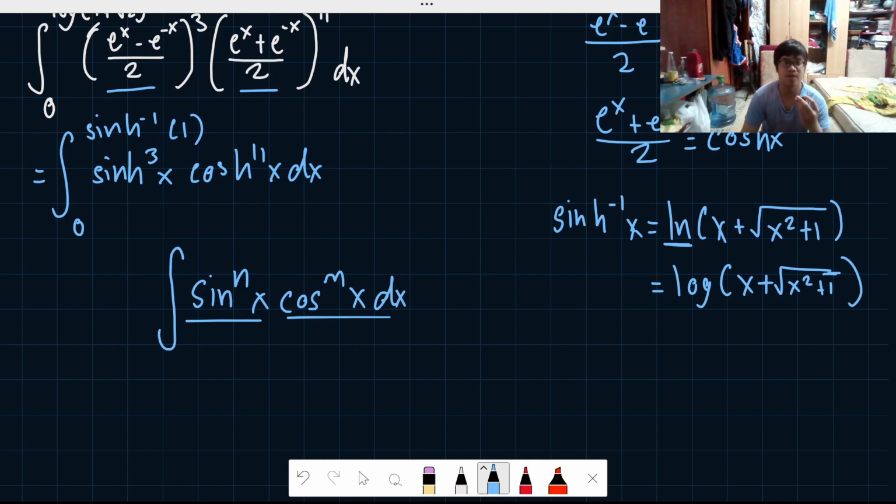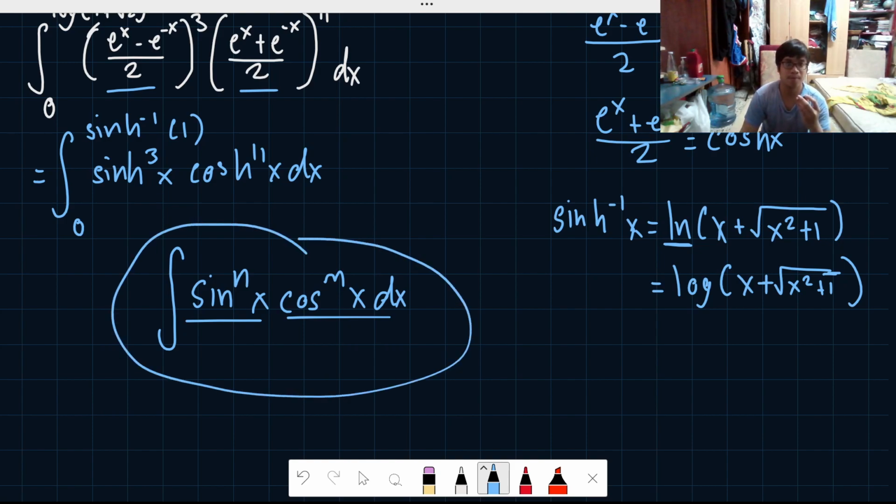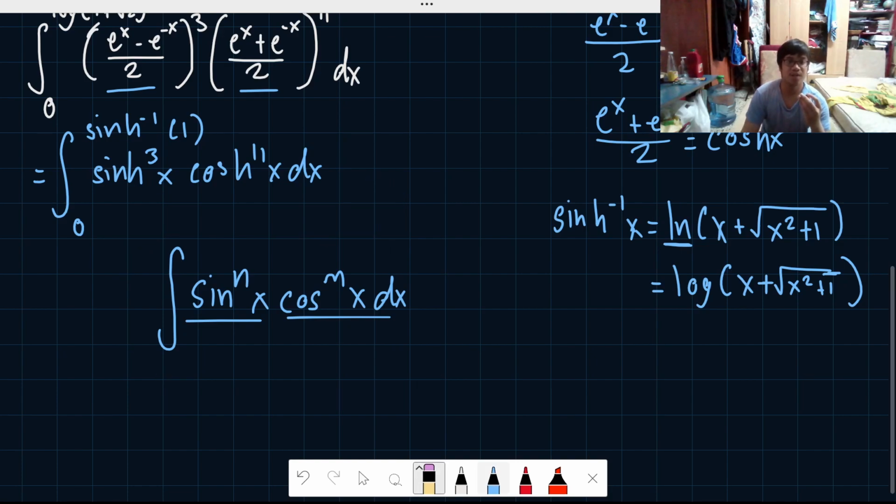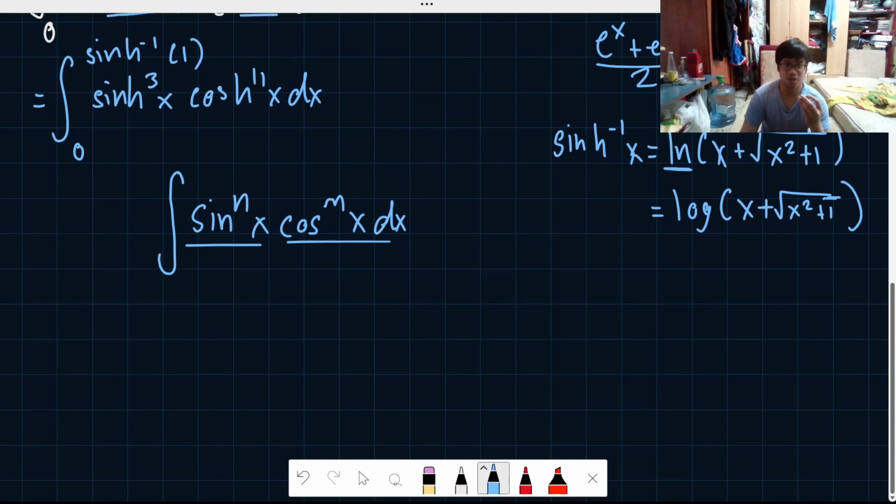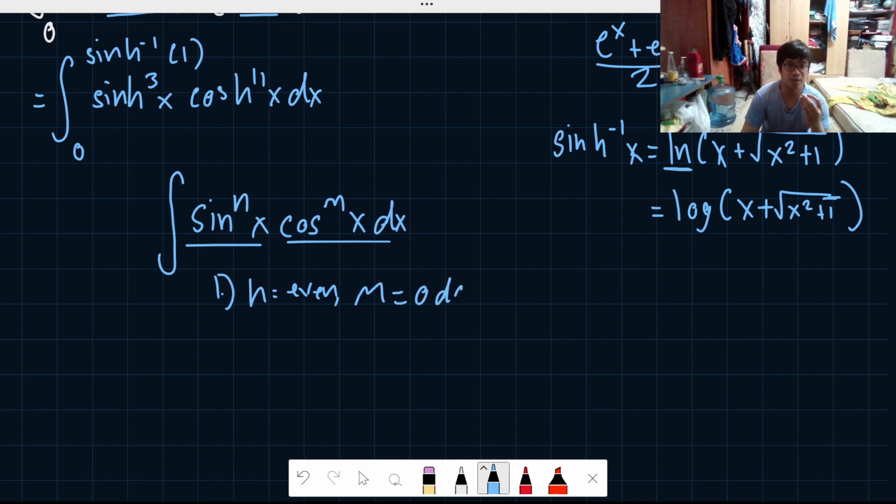Solving this type of problem is the same as how we solve this problem, right? Because it has sine and cosine, despite the fact that they are hyperbolic type. So how are we going to solve them? Here's how. There are three conditions. One is what if your sine function has an even exponent, but the exponent of the cosine is odd?